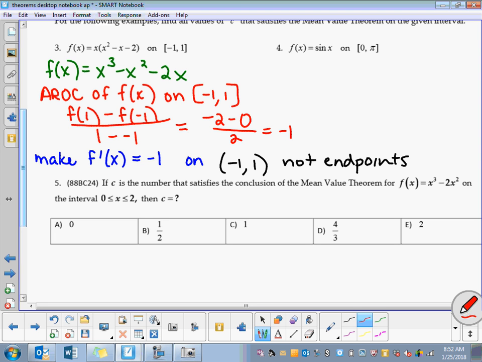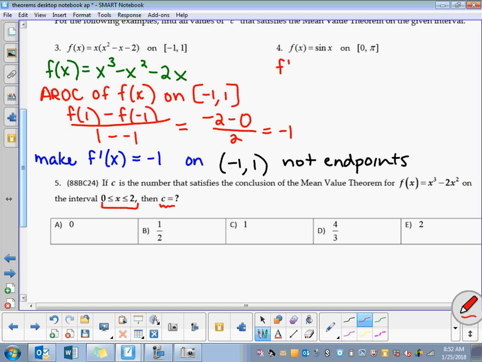Problem number 5 is the same thing: find the mean value theorem number, c, in the interval. So it would be a good point right now to stop here, do number 4, and then maybe turn this back on and check, and then do number 5 and turn it back on and check, because the process on 4 and 5 is exactly the same as the process on 3.